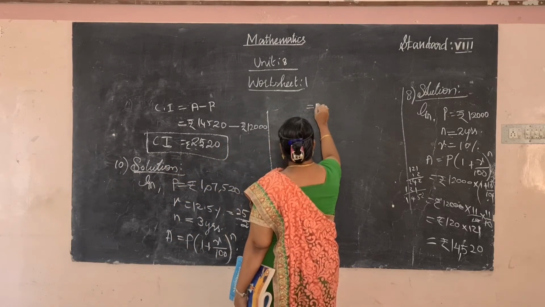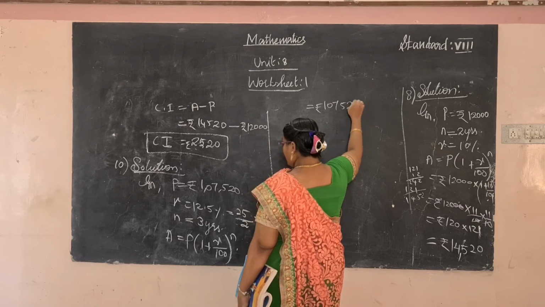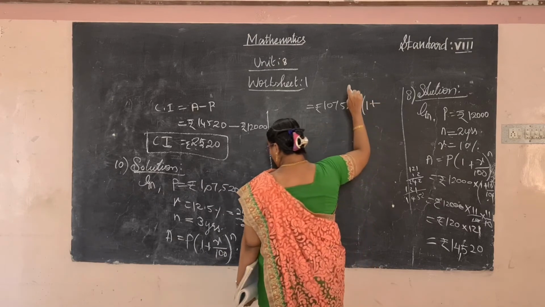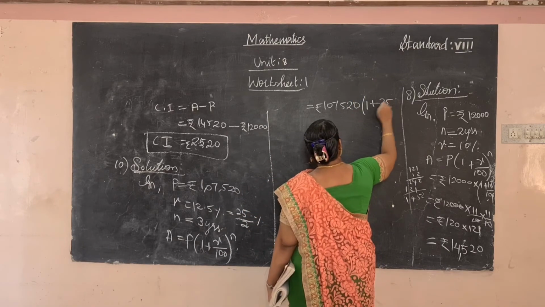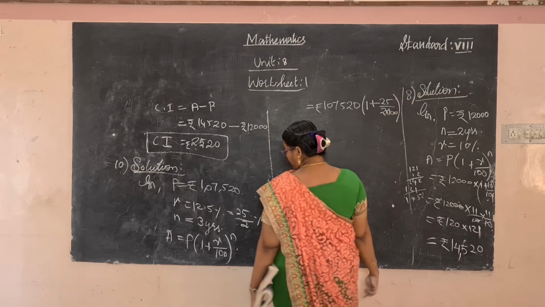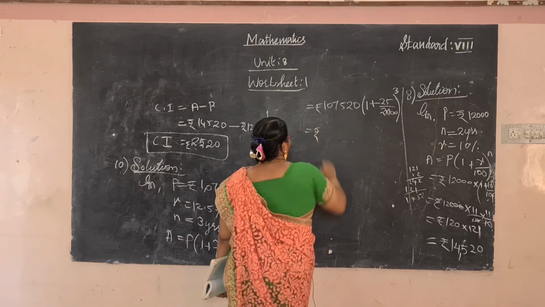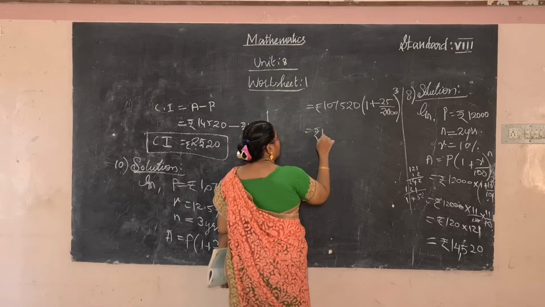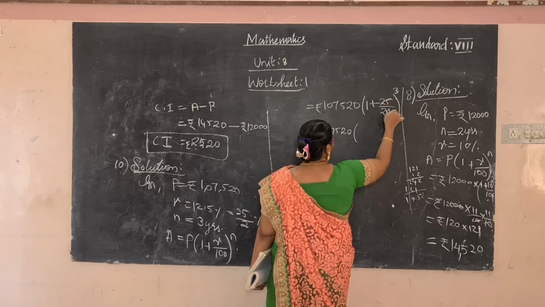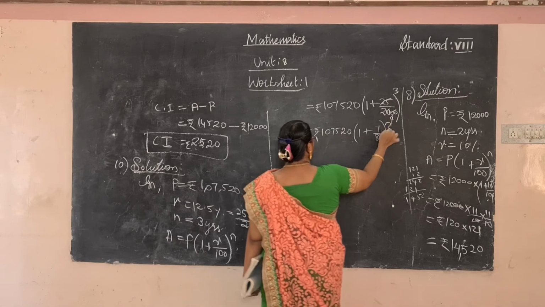So the P value was 1,07,520. 1 plus the R value was 25/2, and the denominator already has the 100, the whole power. Number of years is 3. Twenty-five fours are 100, so 1 plus 1 by 8, the whole power 3.